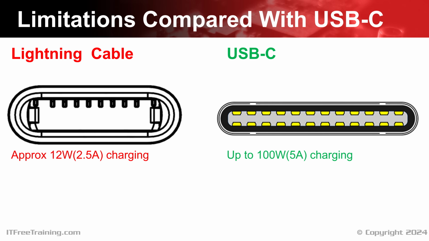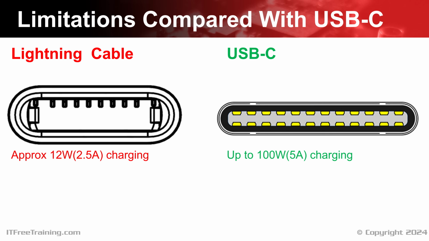But you get the idea that the Lightning cable cannot provide as much charging power as USB-C is potentially able to offer. If your device is able to draw a lot of power, you'll be able to charge the device faster using USB-C. Assuming, that is, you're using a faster charger that supports that kind of power drain.